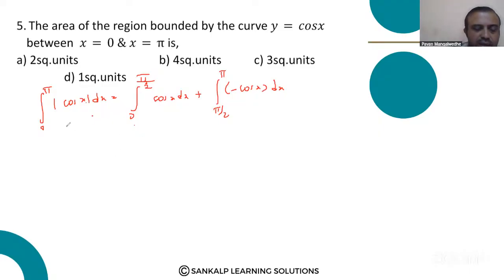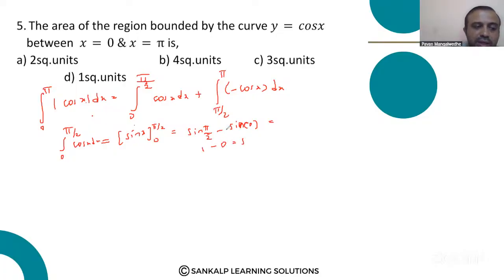The integral of cos x dx is sin x, from 0 to pi by 2, which is sin of pi by 2 minus sin of 0, upper limit minus lower limit, which gives 1 minus 0, which is 1.